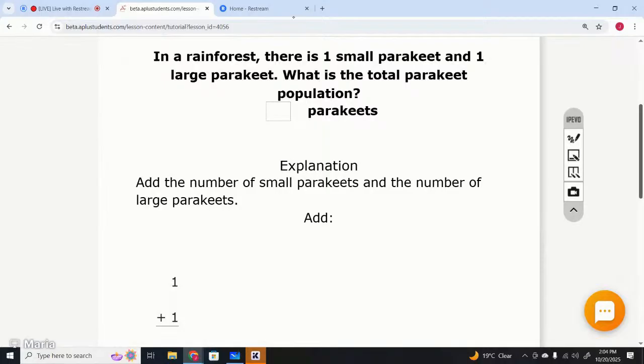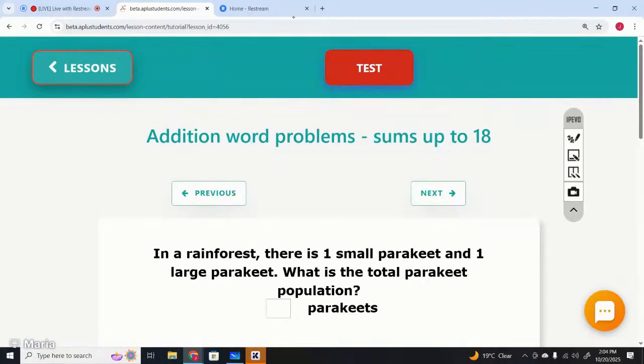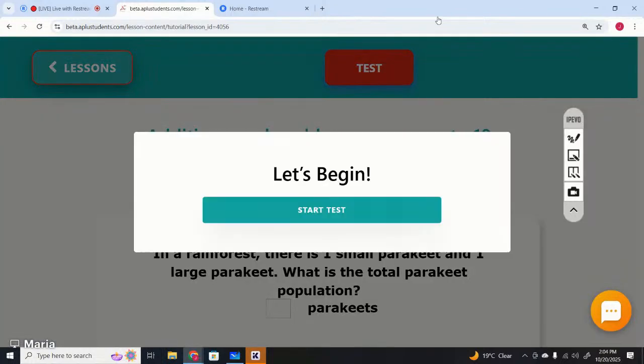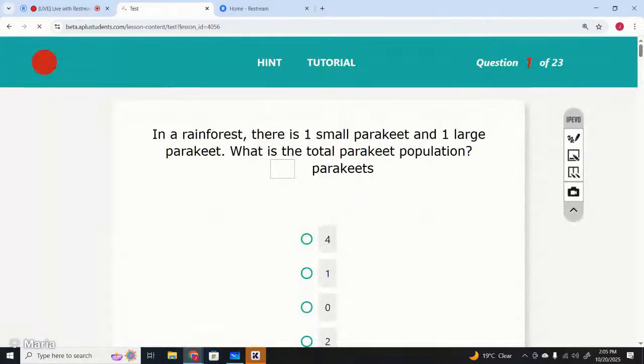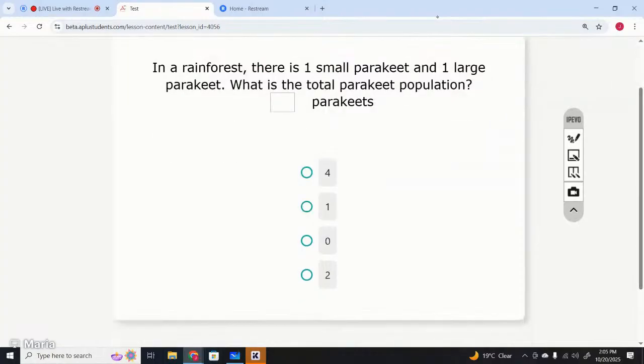Let's just start with the test questions. In a rainforest, there is one small parakeet and one large parakeet. What is the total parakeet population?